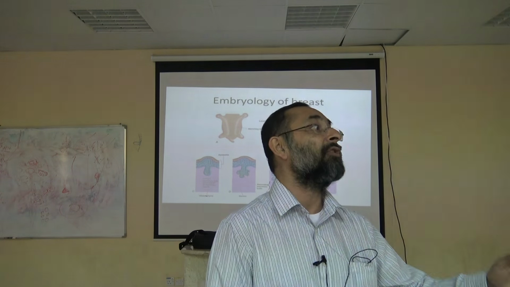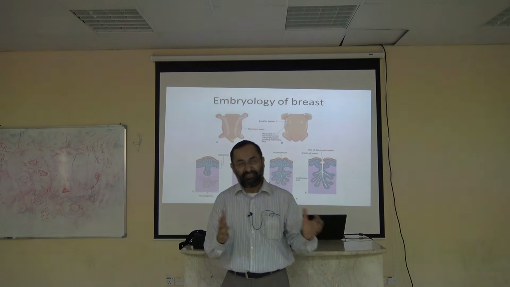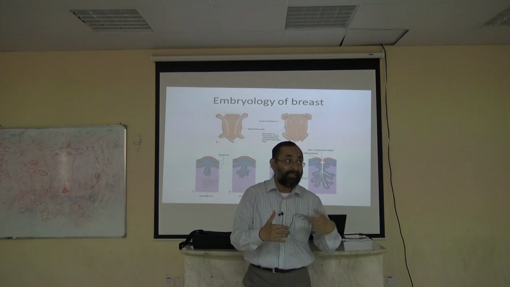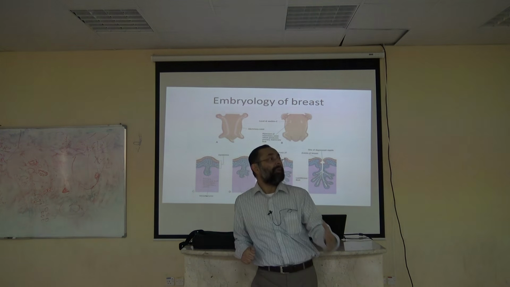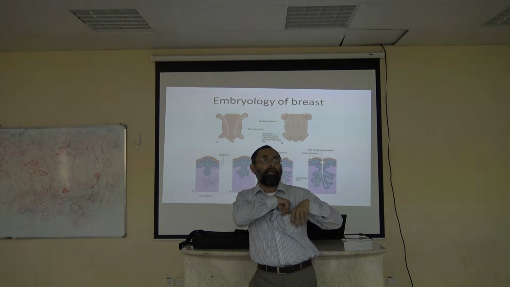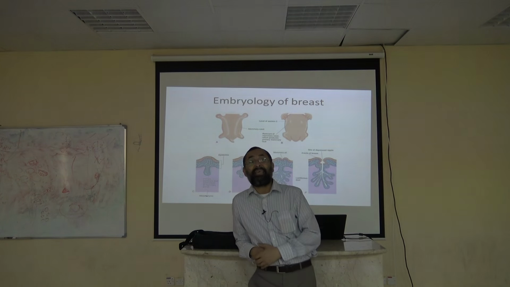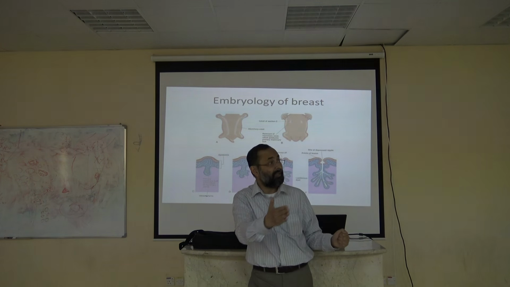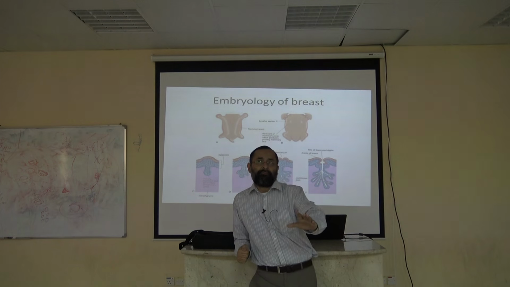By the age of 17 or 18 years, the full morphology is developed: complete fat deposition, complete parenchymatous growth, and the ductal system. That pubertal development of the breast is known as thelarche.